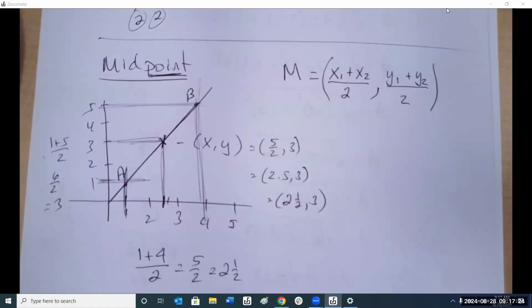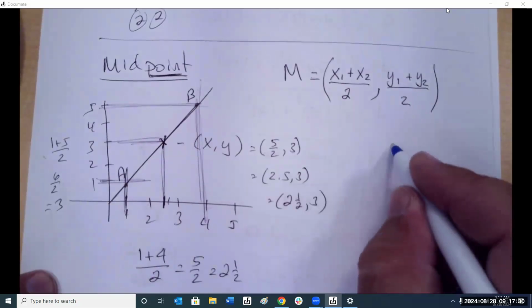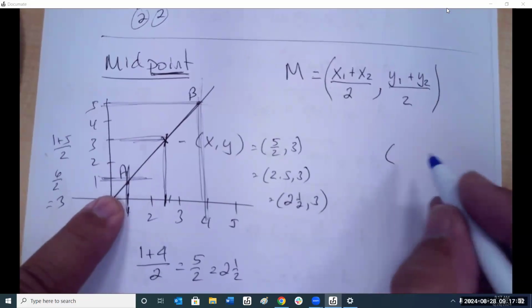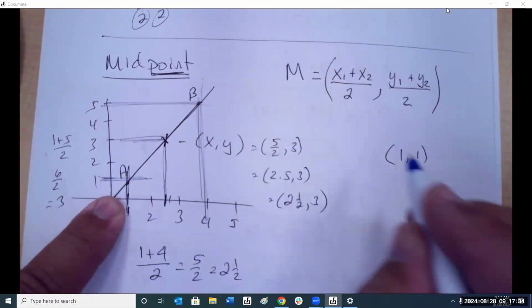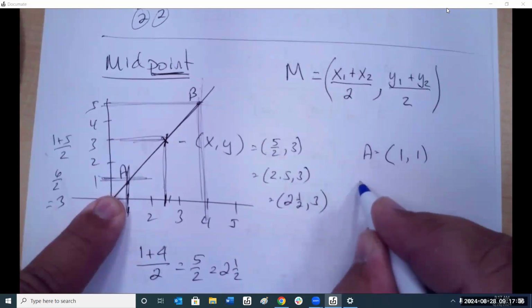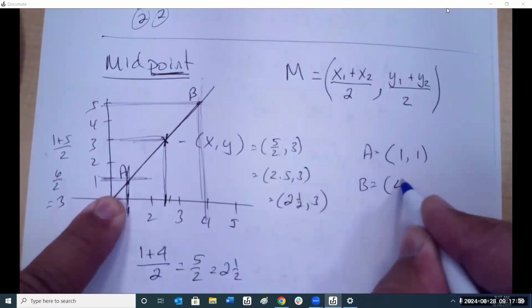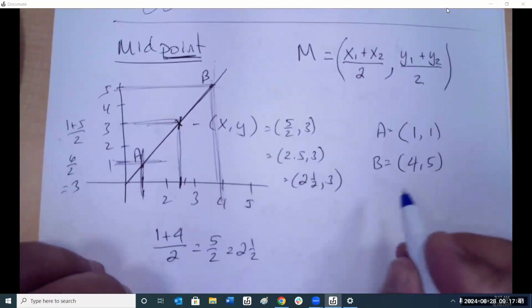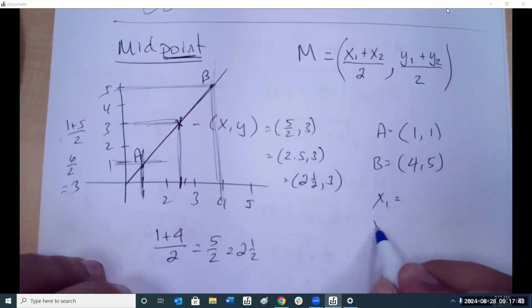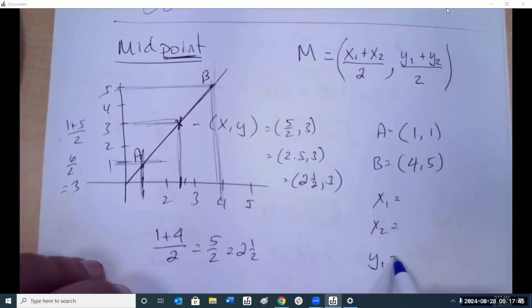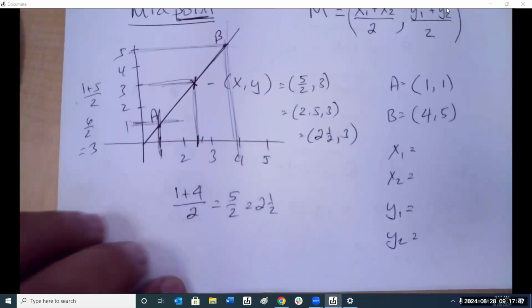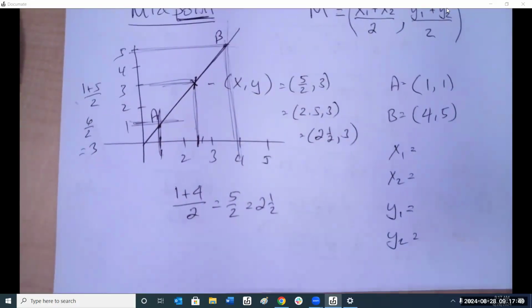So far, so good. Again, you see the importance now of labeling your points first. So in here, point A was at 1, 1. Point B was at 4, 5. So I labeled X1, X2, Y1, Y2. You have to do that anyway for the slope and for the distance and everything else.